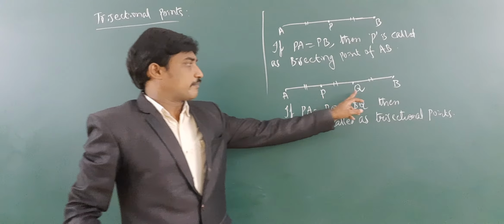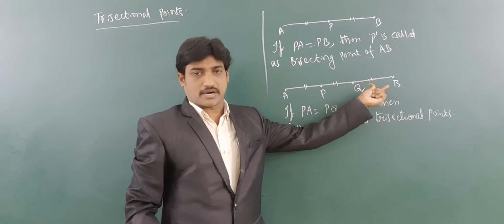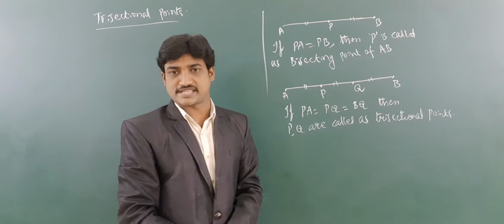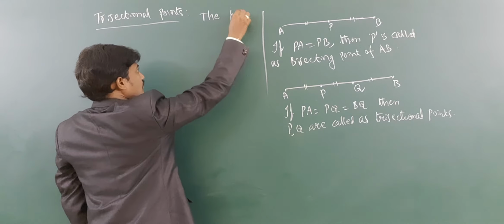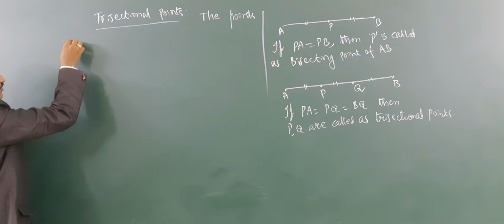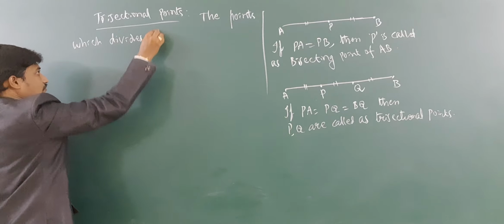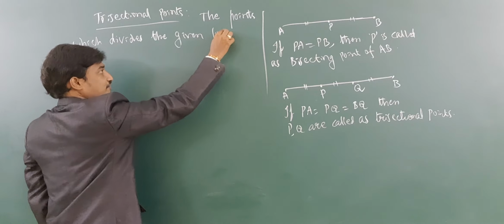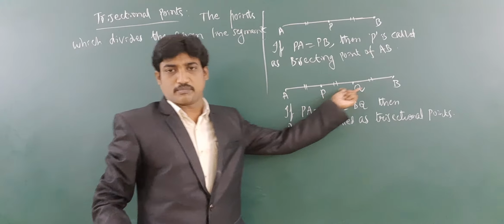The points which divide the given line segment into 3 equal parts, AP is equal to PQ is equal to QB, then P, Q are called trisectional points.